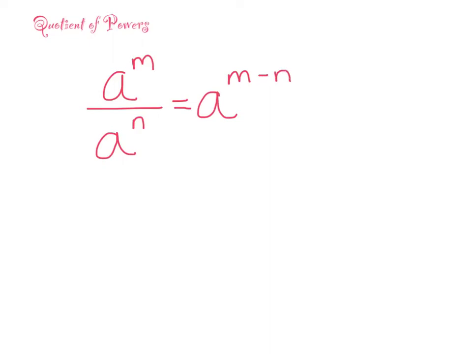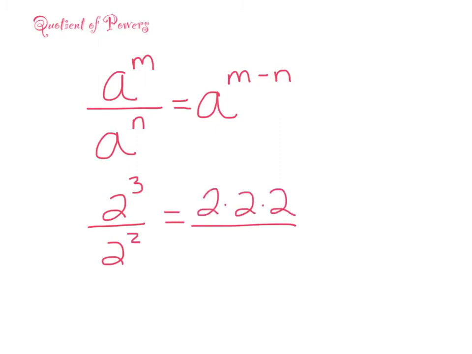Okay, we have the quotient of powers property, and that is if I have a to the m power divided by the same base to a different power, then I can subtract those two powers. For example, if I had 2 cubed over 2 squared, then that's like saying 2 times 2 times 2 on top and 2 times 2 on bottom, and then you can cancel out 2 pairs of 2's, and you have 2 to the 1 power, or 2, left over.